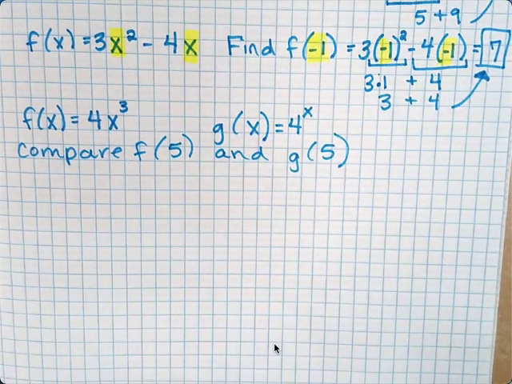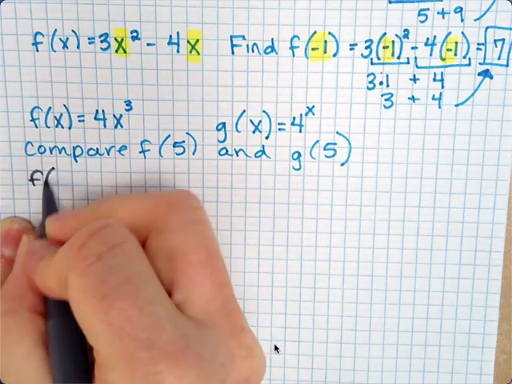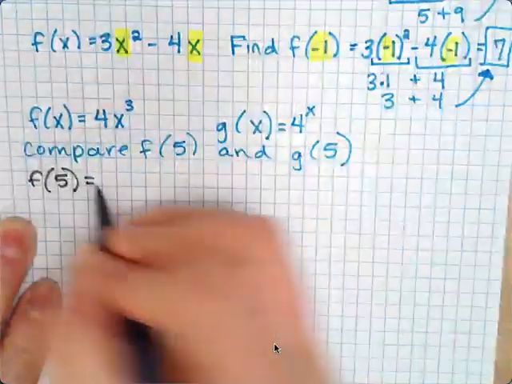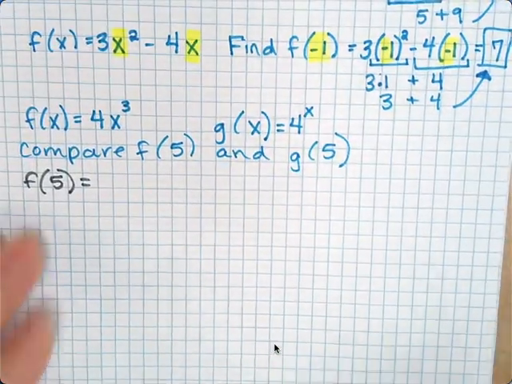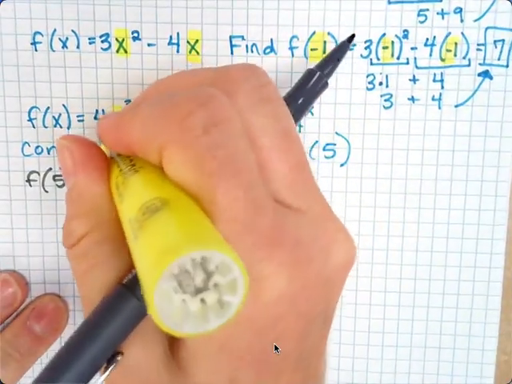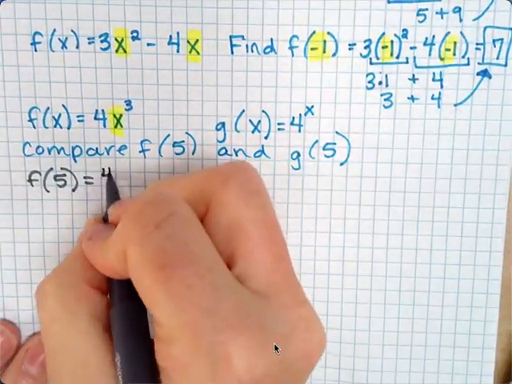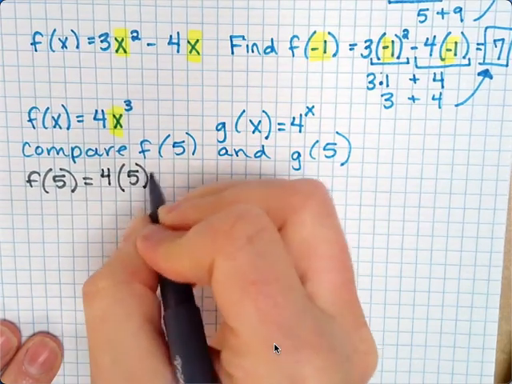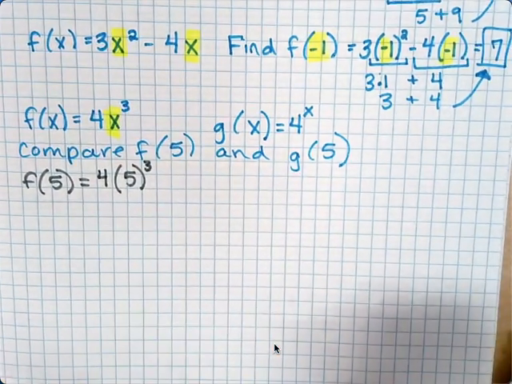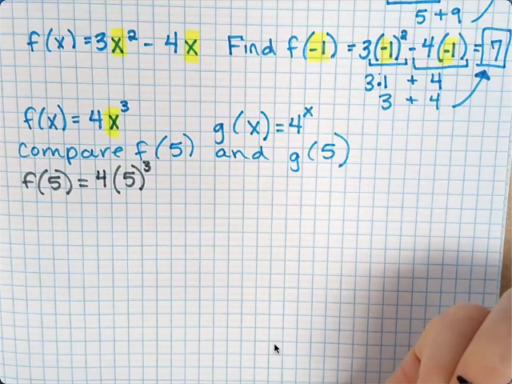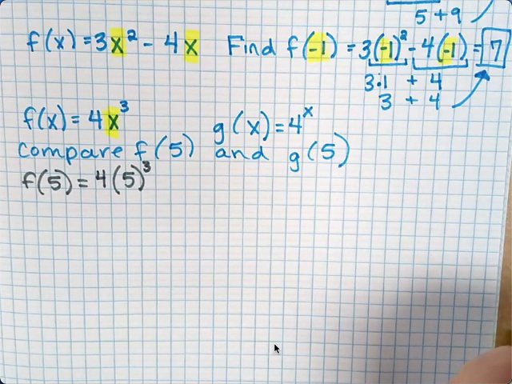So in order to compare them, we need to find out what they are. So f of 5 means I'm going to plug in 5 for x right here. So 4, parentheses 5 to the third power. Remember with the order of operations, it says exponents first.